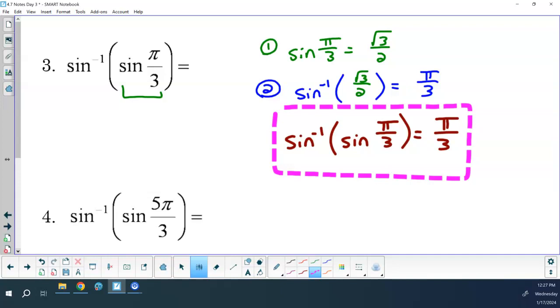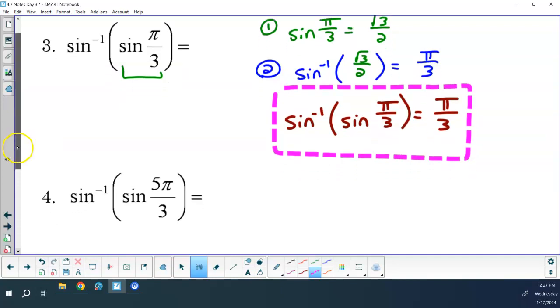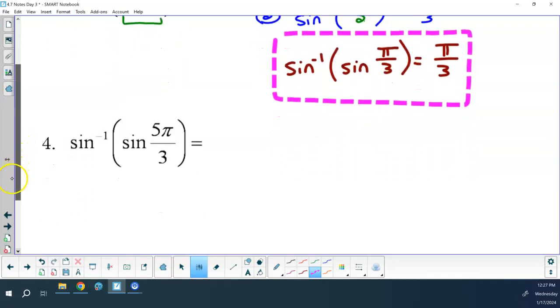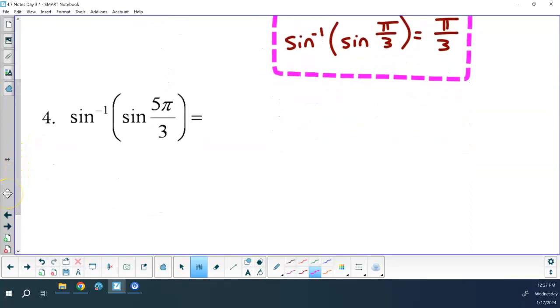Okay. Now here in number 4, I'm dealing with a quadrant 4 angle. So we'll see how that adjusts it a little bit. We first take the sine of 5 pi over 3. Well, negative root 3 over 2.